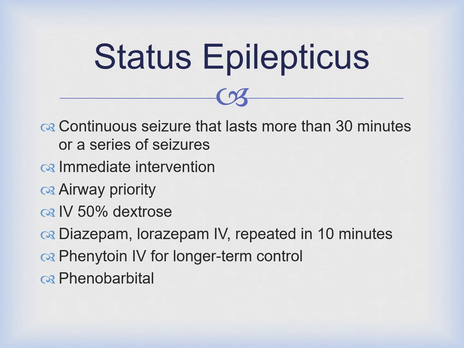Now, I think more commonly what you see with status epilepticus is that you see someone have a 3 or 4 minute seizure. They'll go postictal for a few minutes, and they may, within a few minutes, start seizing again. I think that series of seizures that lasts longer than 30 minutes is more of the definition that you will normally see in practice.